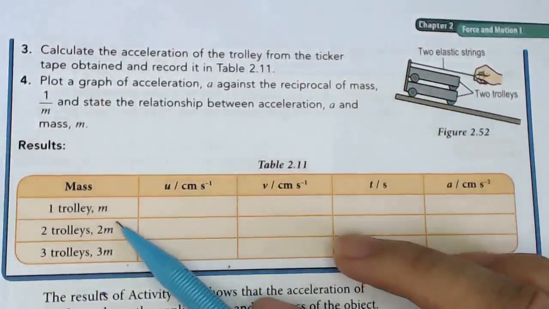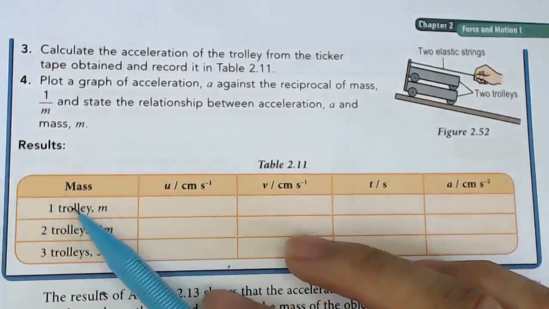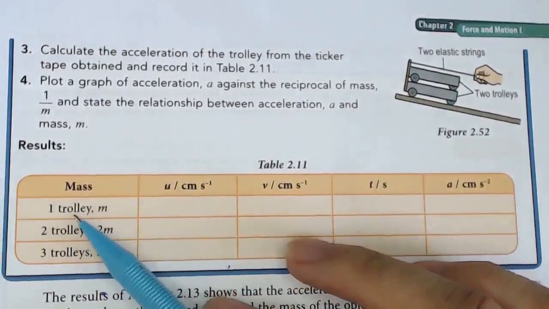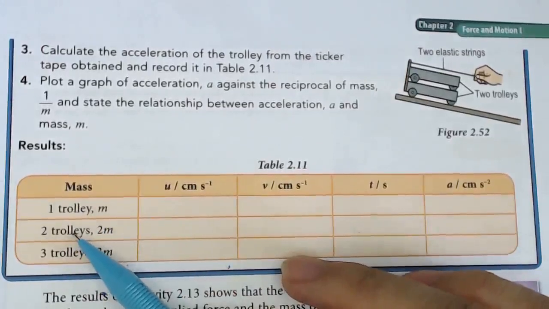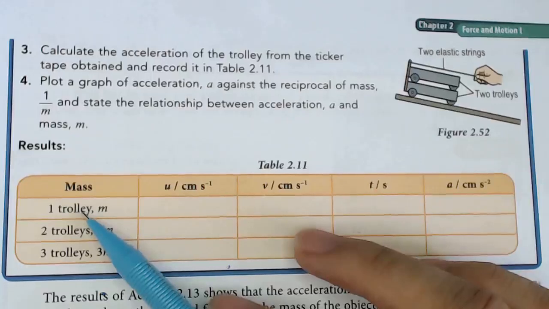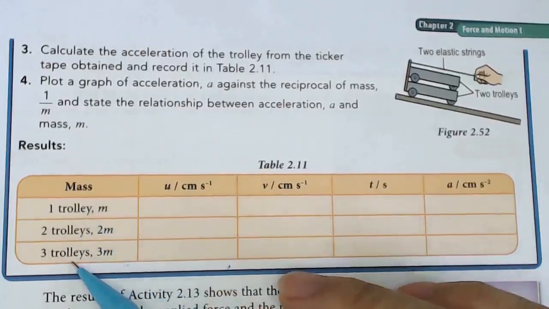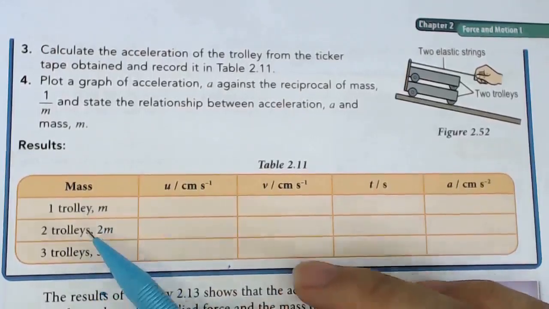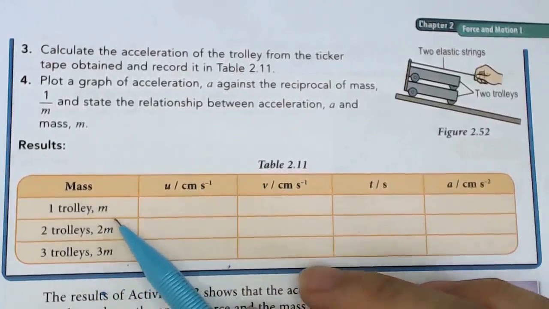So this is why you have a table. This time, before we had different strings, this time we have different mass. 1 trolley, 2 trolleys, 3 trolleys, referring to different mass.